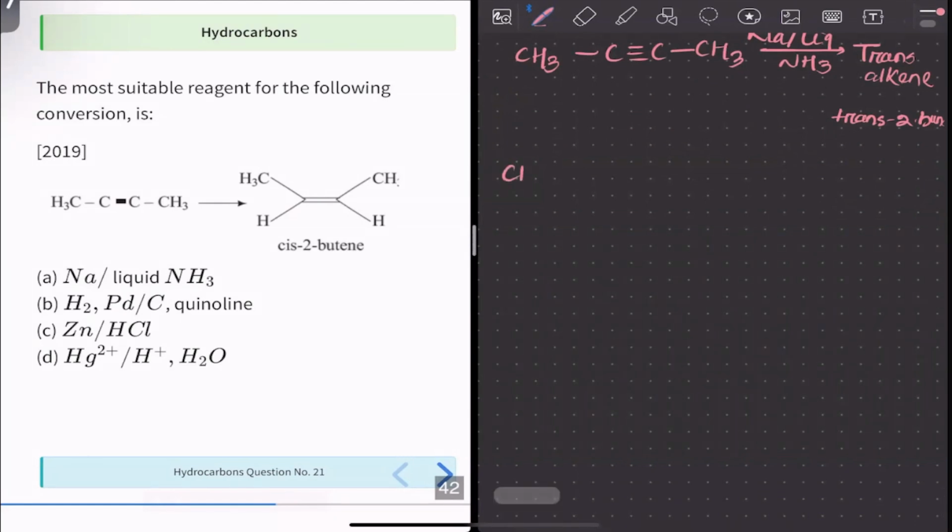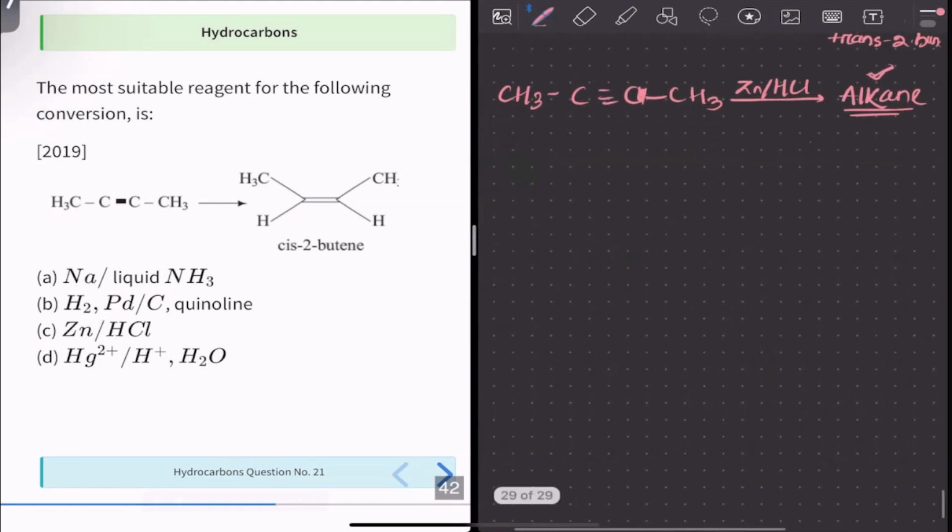If you react CH3 C C CH3 with zinc HCl, it will give directly alkane. The hydrogenation here is not controlled, so it will directly give the ultimate product, alkane. That is CH3, CH2, CH2, CH3.